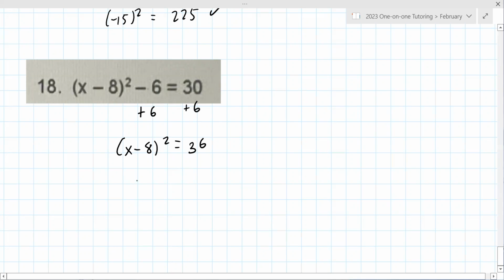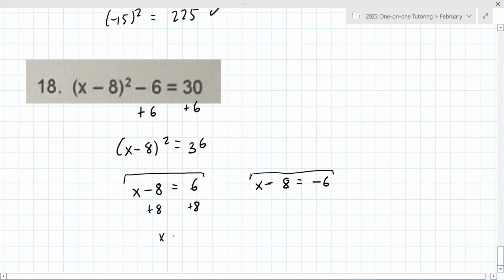I'm not sure what happened here, so we'll look at it together. Did you get x minus 8 equals 6, x minus 8 equals minus 6? Oh yeah, I did. I don't know why I wrote it as 6. Oh, you put x minus 6 equals 6? Okay, that would do it. Yeah, so here you can see that when you add 8, you get 14. Add 8, you get positive 2.